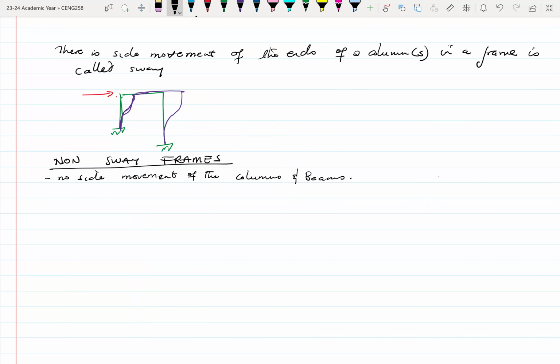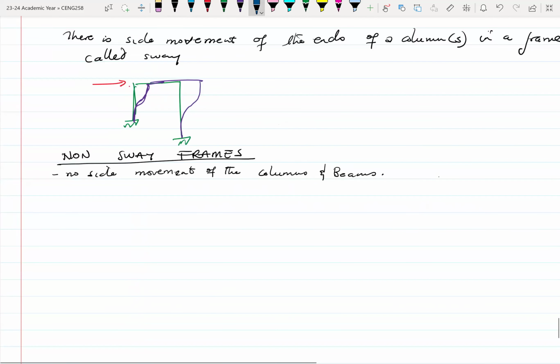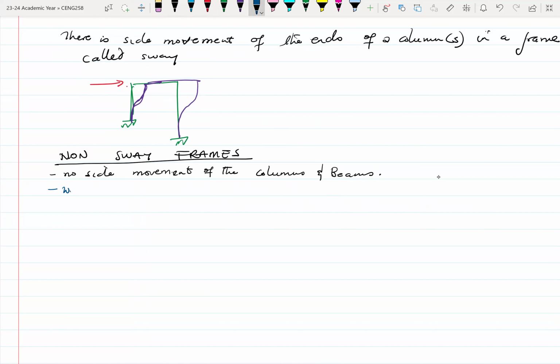If you have a frame, all right, and then we restrain, so when we restrain or bracket to prevent the frame from moving, right? So that's also one way to look at how to not have a sway system. So an example is this.